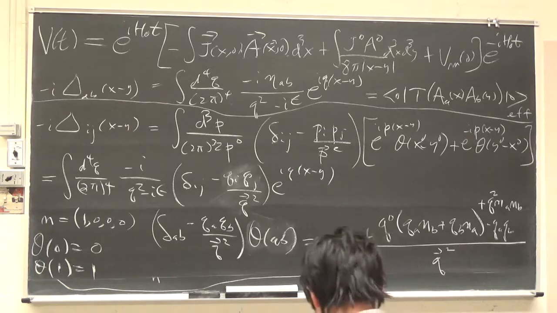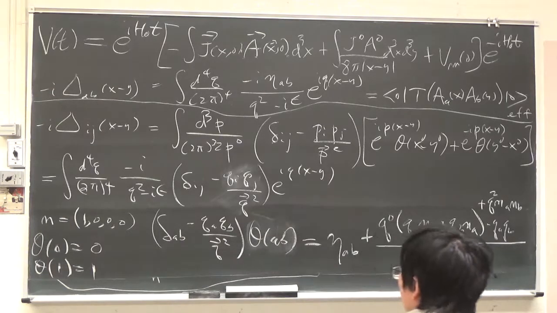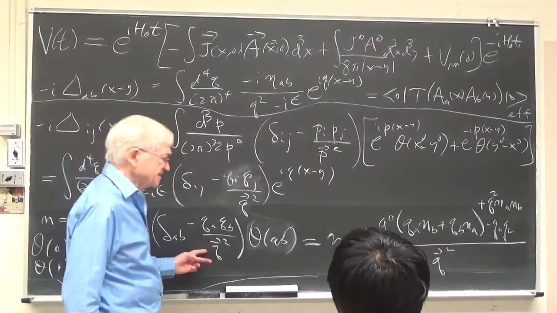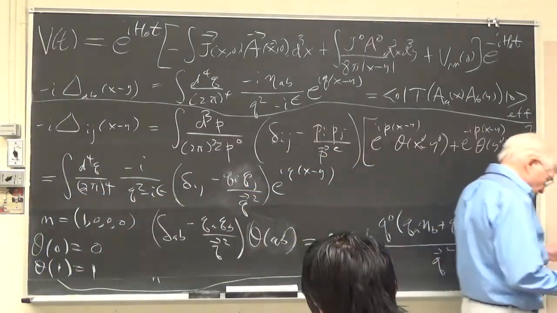As Weinberg says, this is a perverse equation. It's rather absurd to take something that's kind of nice and write it in this very absurd way.